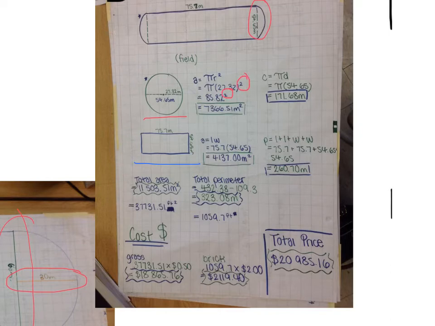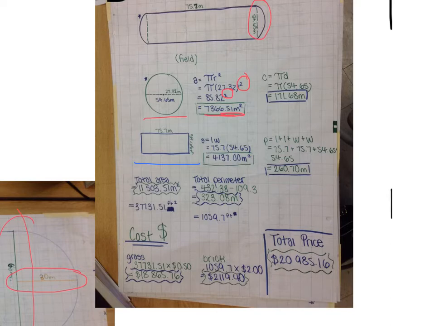And squaring is before dividing or multiplying. Remember our BEDMAS. As a result, they got a little off in their area. And because they got a little off in the area, the rest of their calculations went a bit sideways.